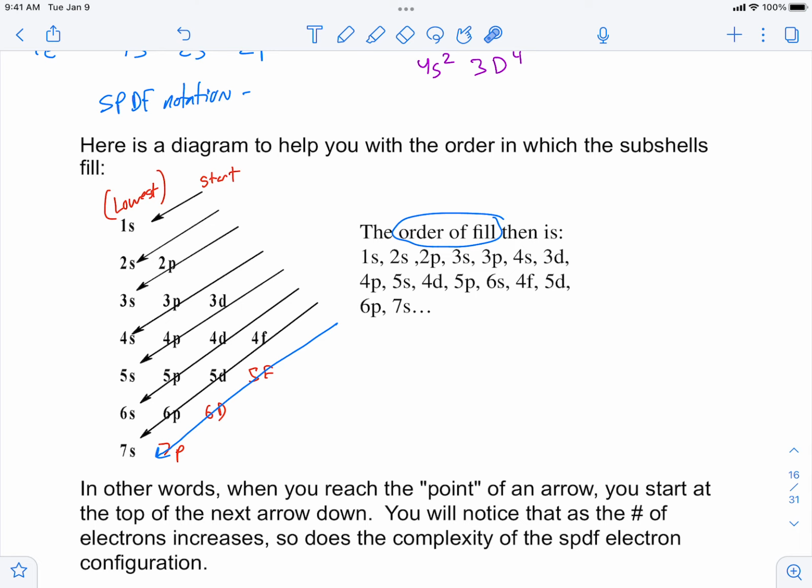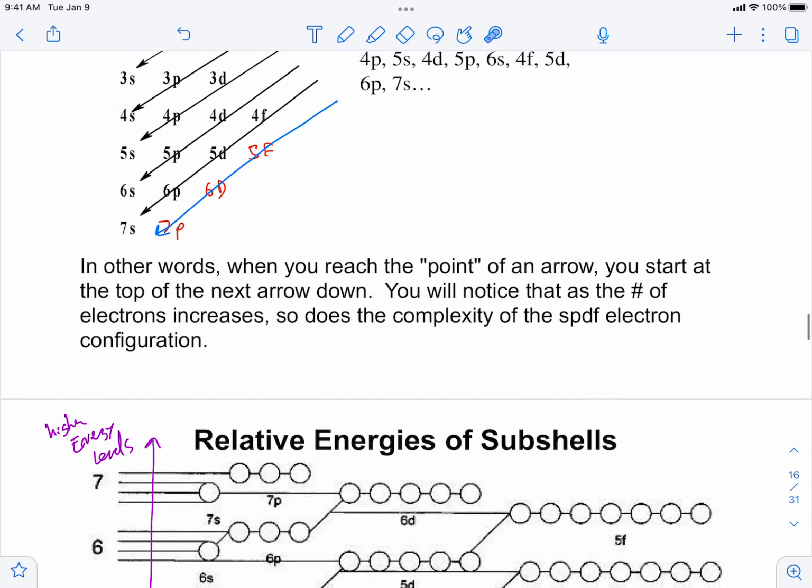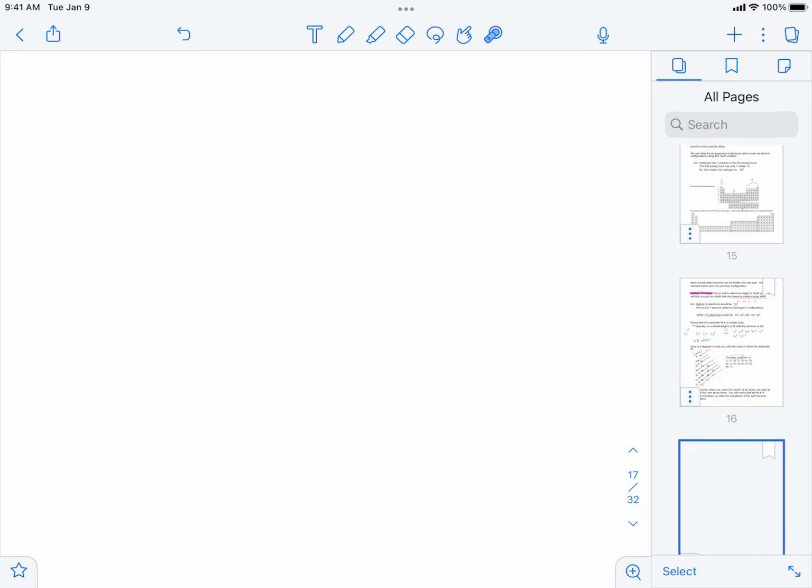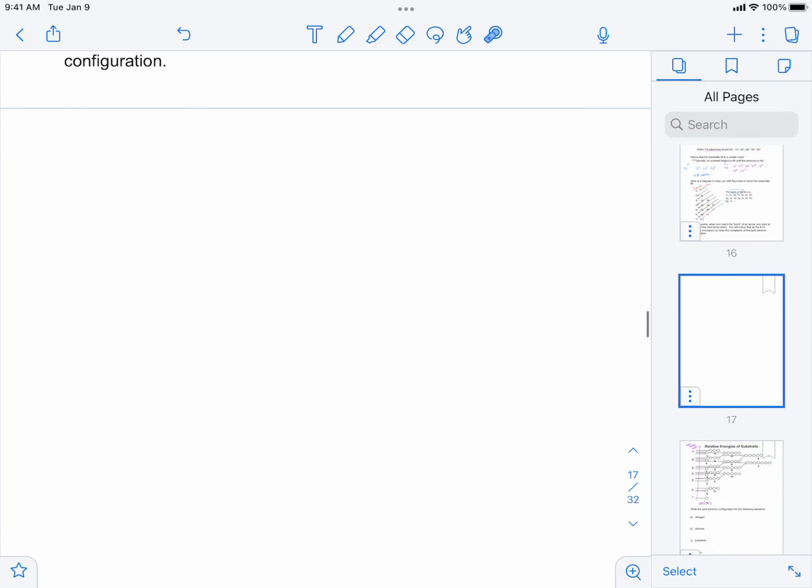Okay, so, let me give you a couple, and here, let's add a page. Let me give you a couple, and then see how you do, and then we'll check. Okay? So we'll do 2.